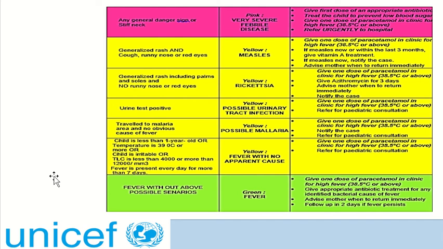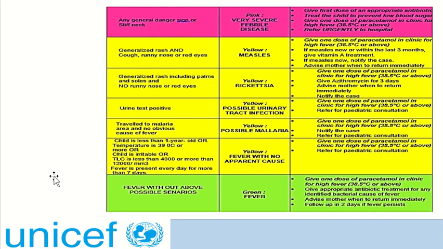If the child is less than 1 year of age and the temperature is 39 degrees centigrade or more, or the child is irritable, or the total leukocytic count is less than 4,000 or more than 12,000 per cubic millimeter, or fever is present every day for more than 7 days, we classify him as fever with no apparent cause.